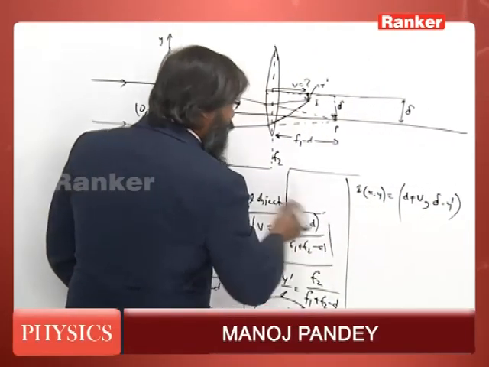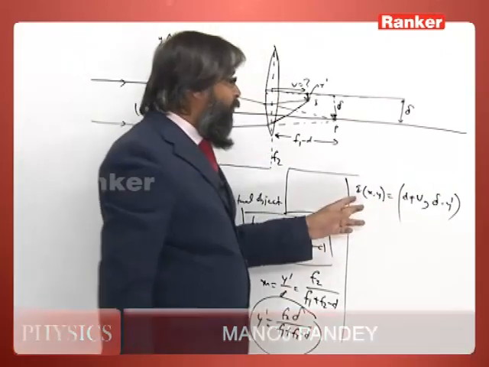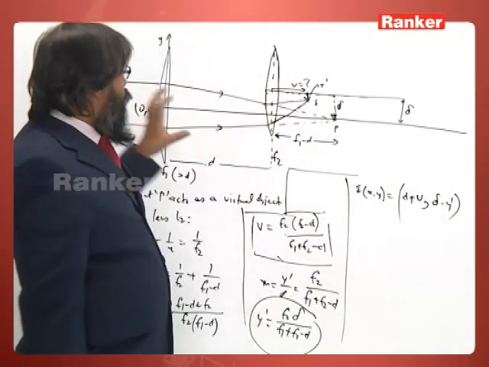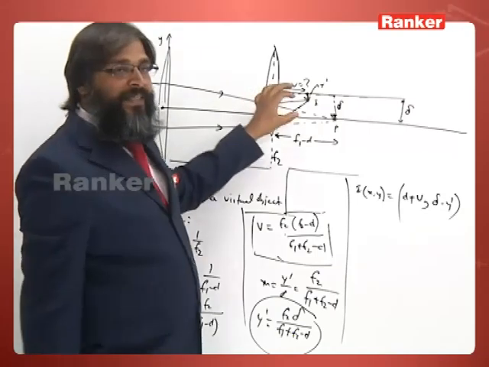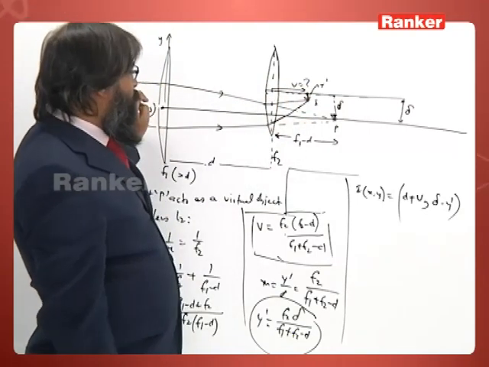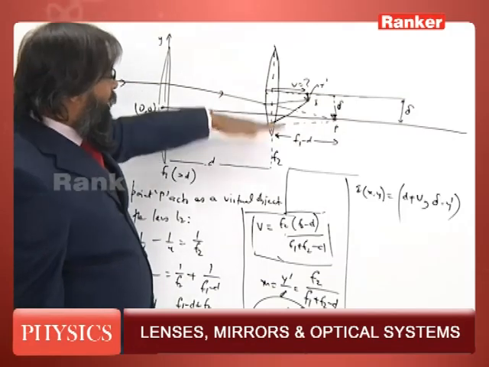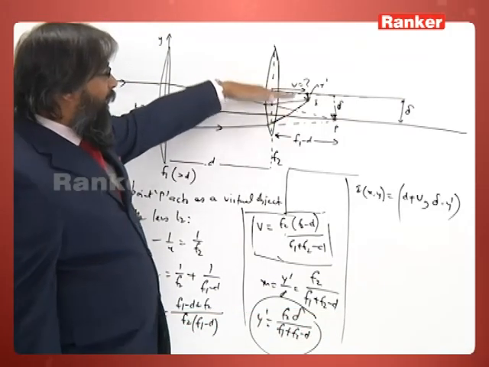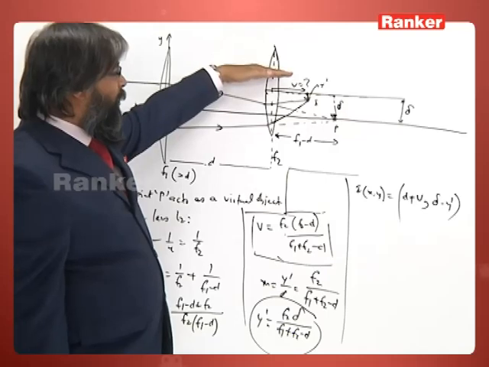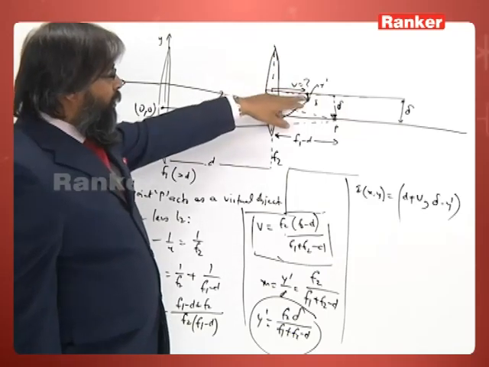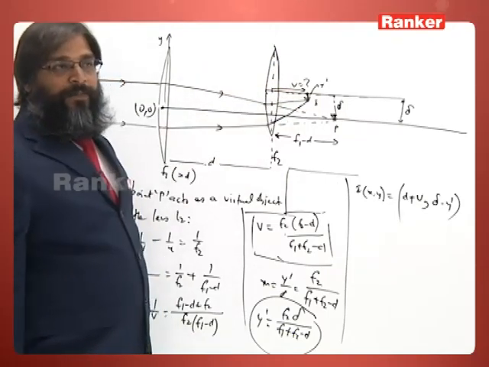So we put y dash here, and this is the final focus due to this combination. So all the parallel rays from the left are focused. So you see here what happens when one of the optic axes is displaced above. This is how the image formation takes place.